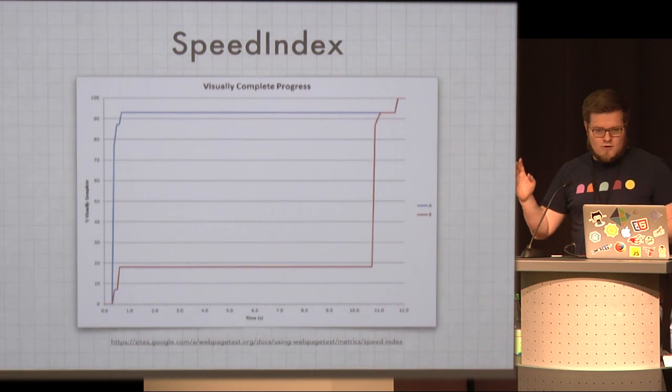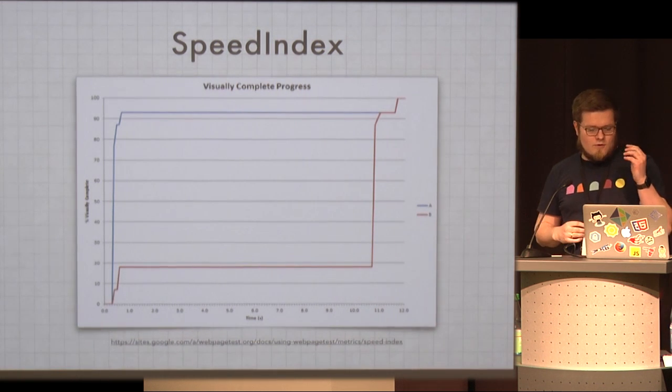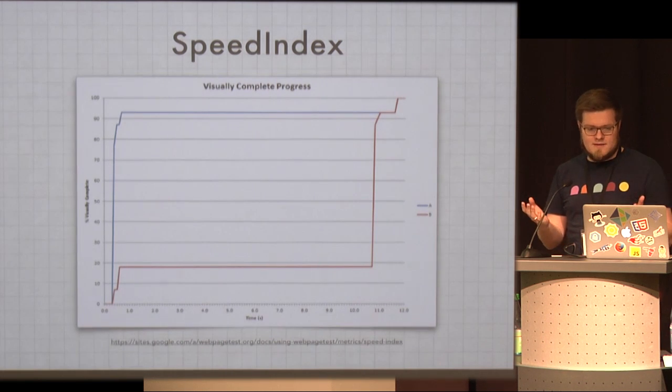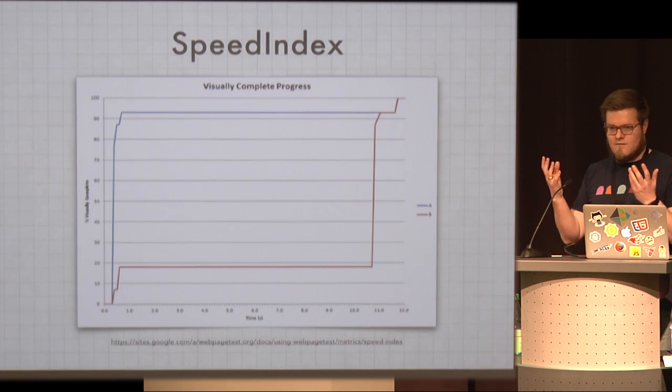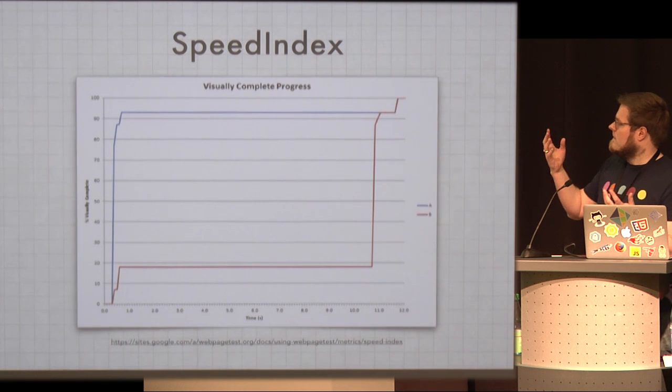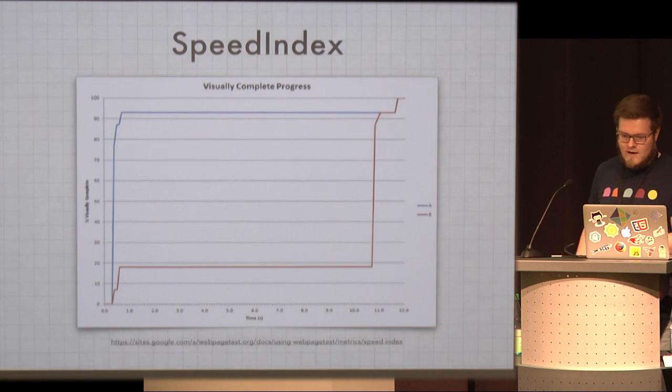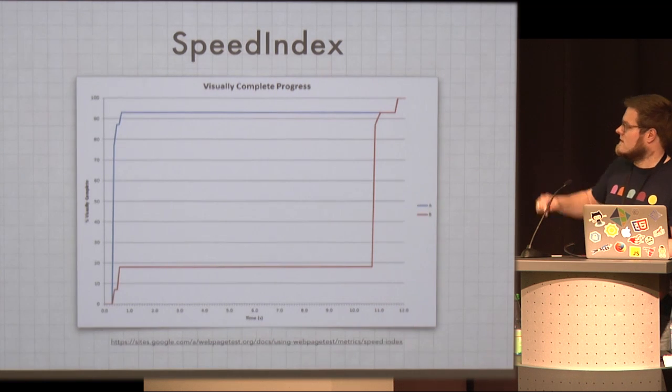So if you would look at the first paint measurement and you would look at the visually complete measurements, both websites would have same scores, but it's obvious that the blue one performs far better because it gets to a high percentage or more visual picture very fast.